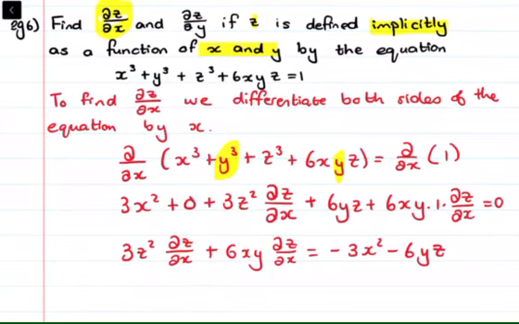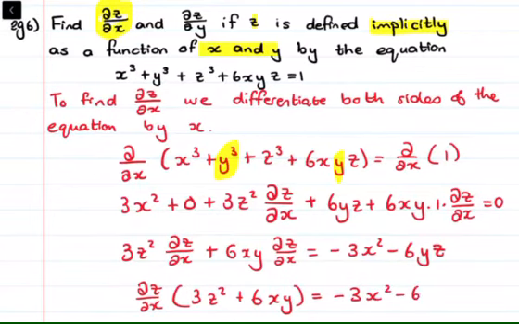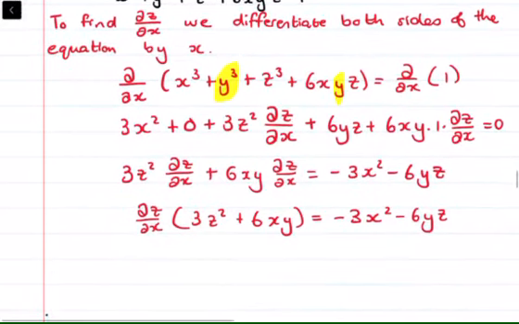Remember that this was the goal even in the past, that we want to have the dy dx's on the left-hand side and then take all the other terms on the right, so that we factor out partial z, partial x, and then we have 3z squared plus 6xy, and this is equal to minus 3x squared minus 6yz.